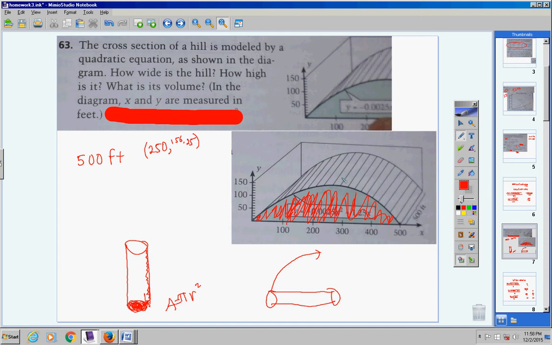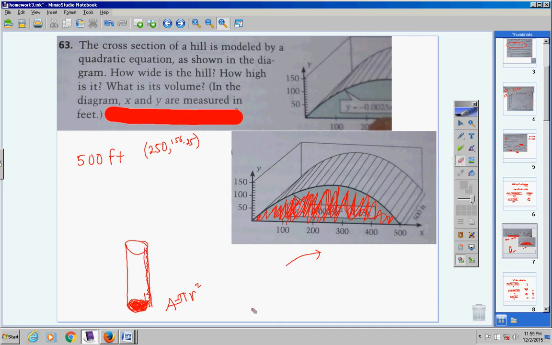Now the height of the thing would be 500 feet right here, right? Because this entire figure would be laying on this face here. So the height would be 500. So we could find the area of this shaded region and then multiply it times the height, just like we did here. Find the area of the base and multiply it times the height.